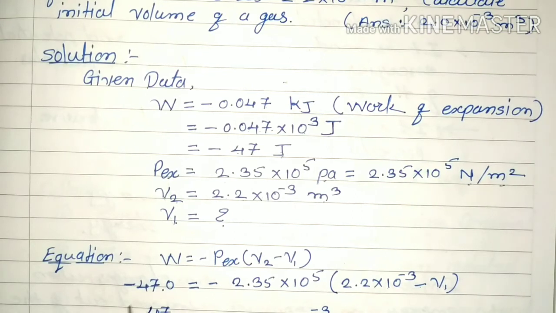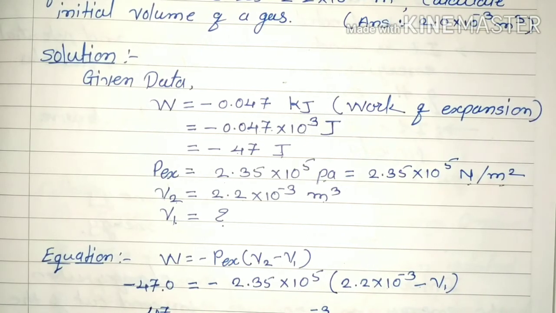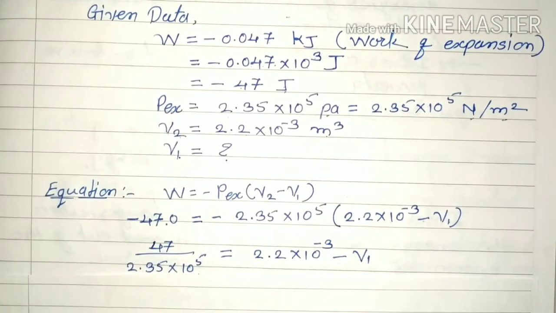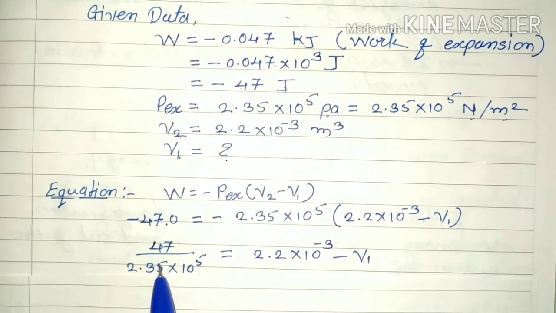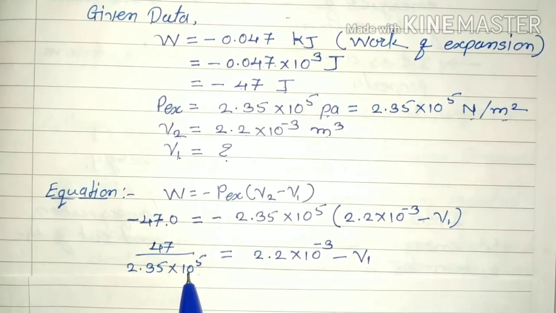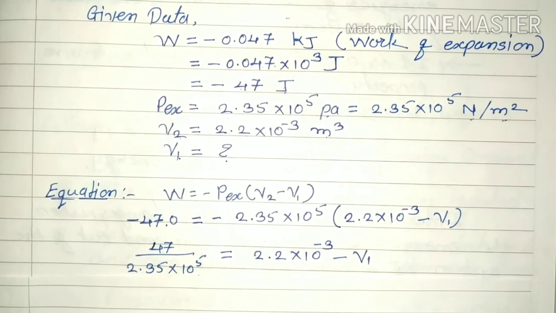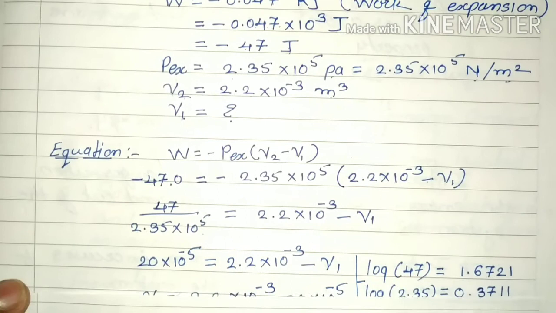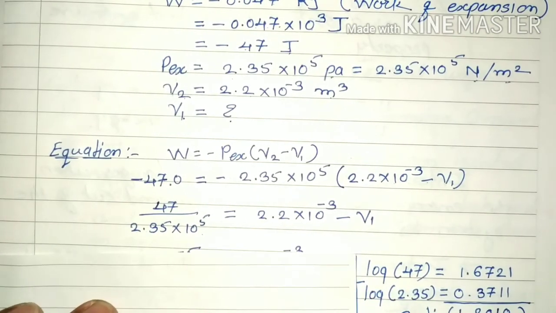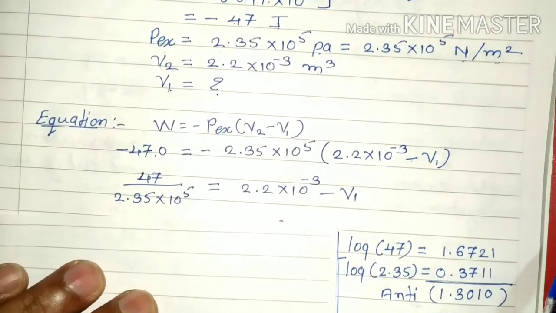Now this calculation, 47 divided by 2.35, is carried out by log antilog. The 10 raised to 5 we keep as it is. So this is the calculation, log antilog.